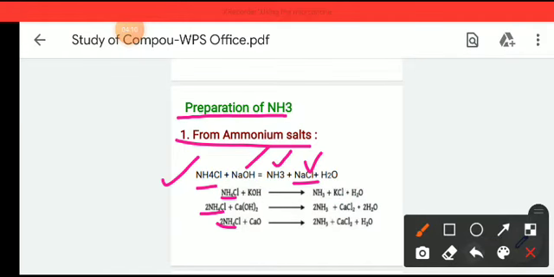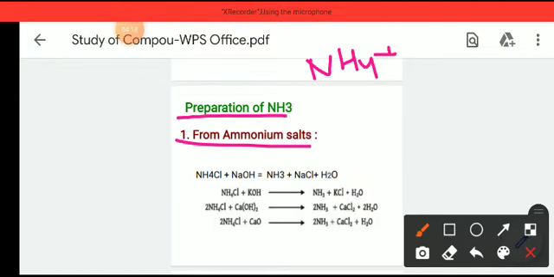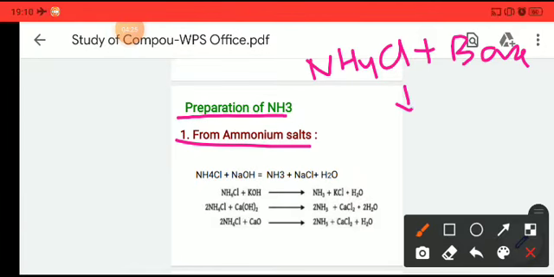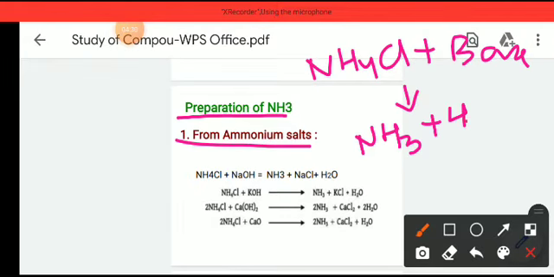Whenever ammonium salt, that is NH4Cl, is reacted with a base, the reaction will give ammonia, number two H2O, and number three, the salt of that base.